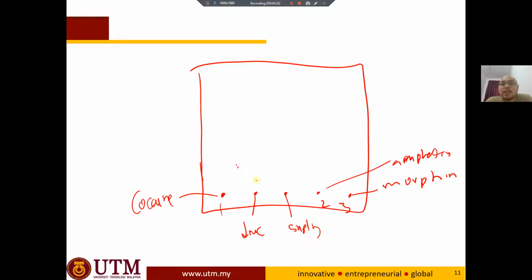After the TLC process, you can see the movement of the spots. Usually a pure standard will produce one spot, meaning only a single spot. But the sample may produce several. For example, the cocaine spot is at this location, for the amphetamine maybe it goes higher, and for morphine it goes lower.